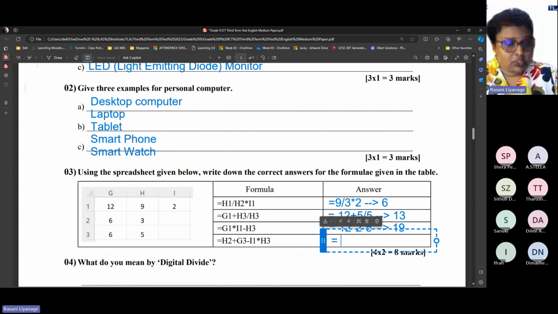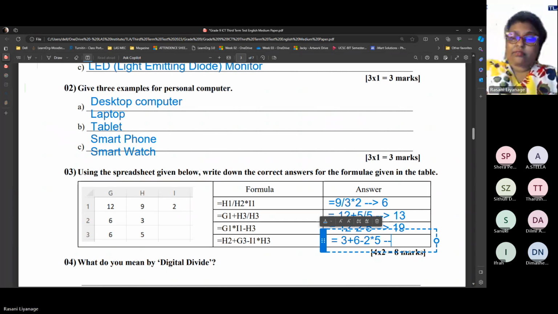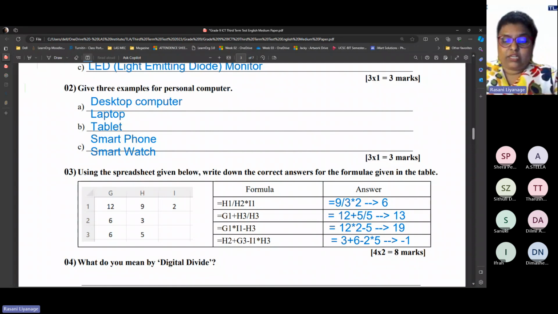Next, H2 3 plus G3 6 minus I1 2 into H3 5. Be really careful. Go by BODMAS. 2 into 5, 10. 3 plus 6, 9. Minus 10 is minus 1. This is simple mathematics.